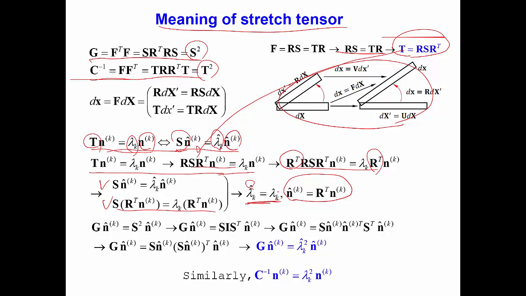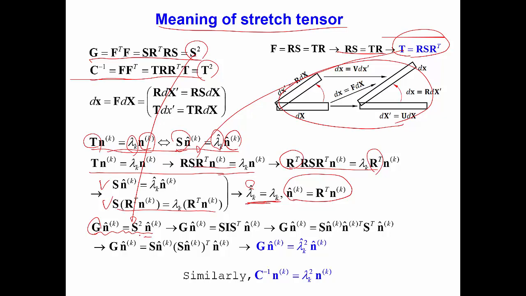Now, let's calculate the eigenvalue for Green's deformation tensor. The inner product of G and the kth eigenvector of S, that is the right stretch tensor, is equal to the stretch matrix S post-multiplied by the same eigenvectors.